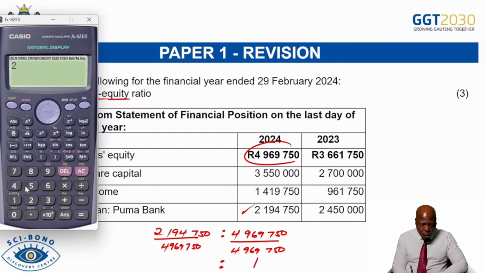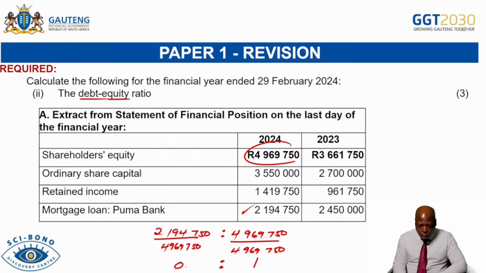It's 2,194,750, and then we're going to divide by 4,969,750. And that is going to give me 0.44. If I round it off to 1 decimal point, it's just going to be 0.4 as to 1. That is my debt equity. Move on to the next one.